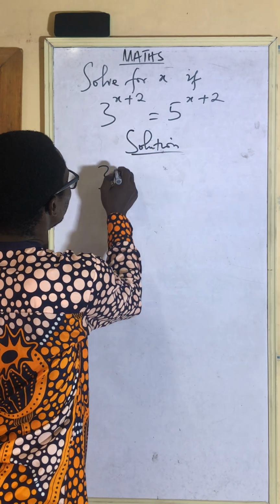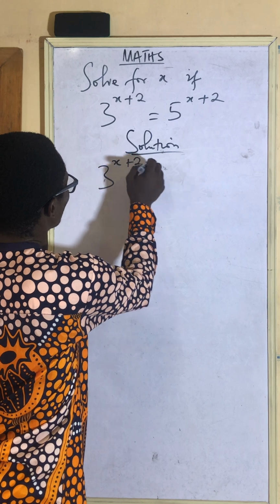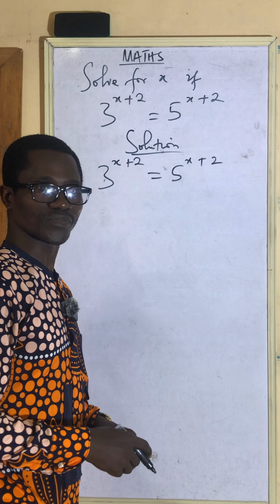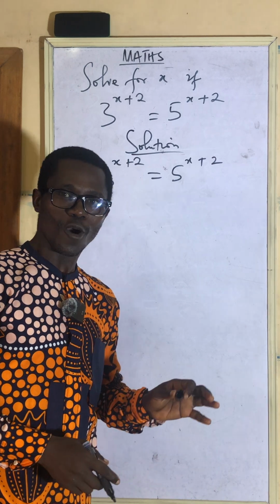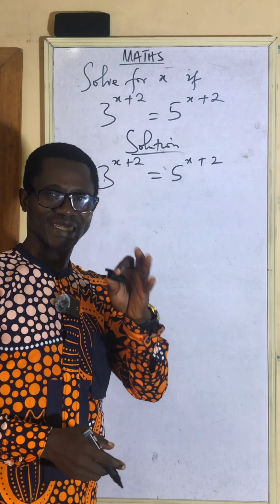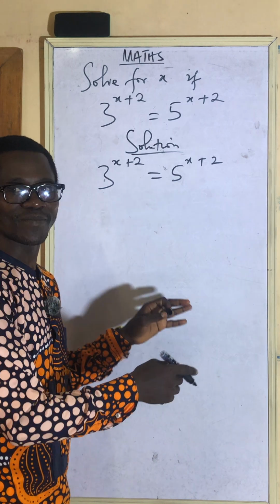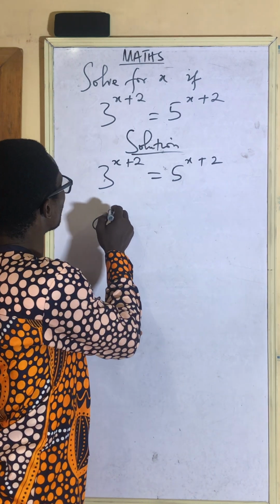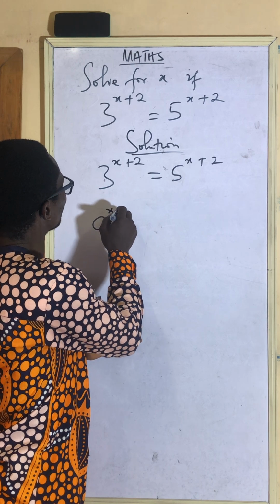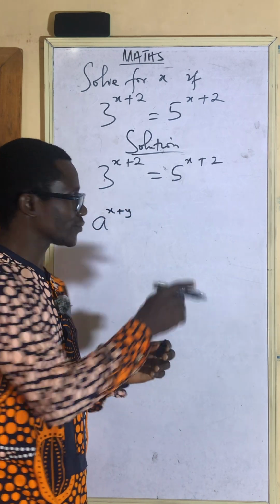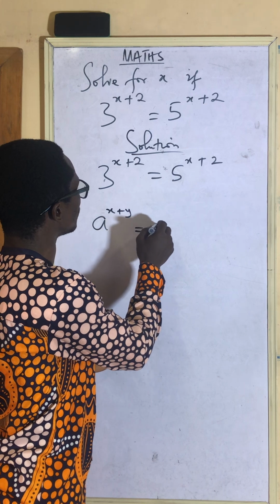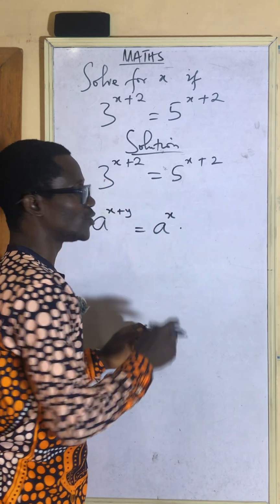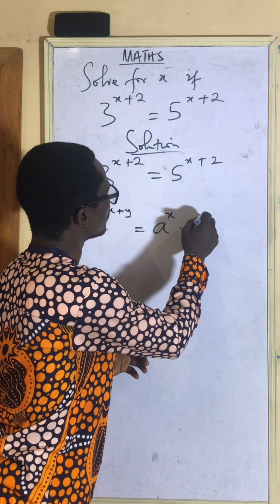We're solving 3 raised to power x plus 2 is equal to 5 raised to power x plus 2. There's a law of indices that says anytime you have a number a raised to power x plus y, this is going to be equal to a raised to power x dot a raised to power y.